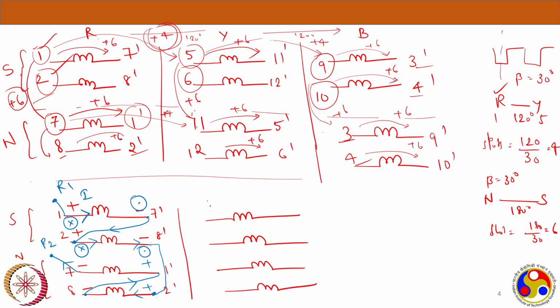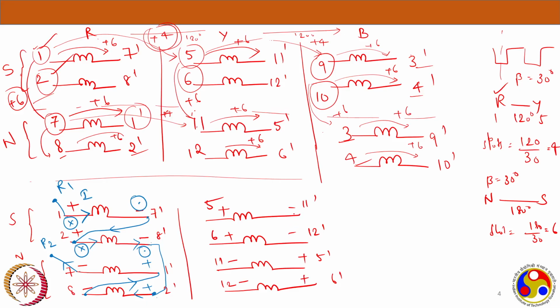That's why 5 and 11 dash, 6, 12 dash, 11, 5 dash, 12, 6 dash. Again, these two come under south pole, 5 and 6. We assumed already this south pole to be positive, and this will be negative. If these two are south, the starting coils of the north pole will be negative, and this will be positive.